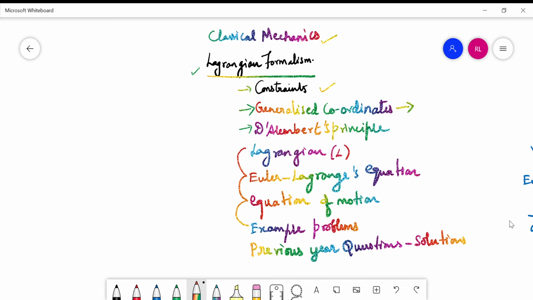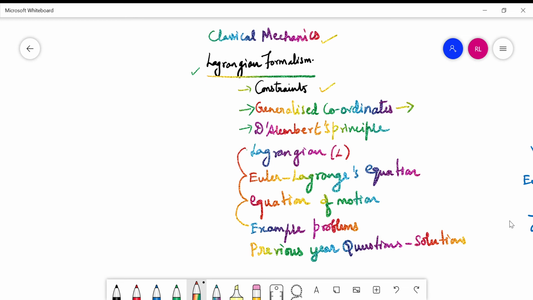Once you write the Lagrangian, then you write the Euler-Lagrange equation, and with the help of the Euler-Lagrange equation, we will be getting the equation of motion.